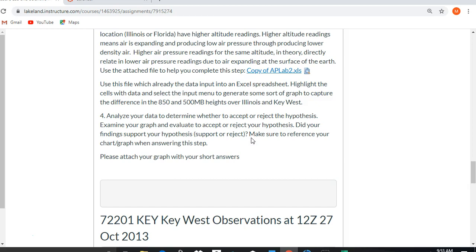If the graphs were perfectly lined up and at exactly the same altitudes, you would accept your null hypothesis that there was no impact. So it should be very clear which answer you would accept here. In part 4, it's simply: do you accept or reject your hypothesis based on your observations from the graphs in part 3?